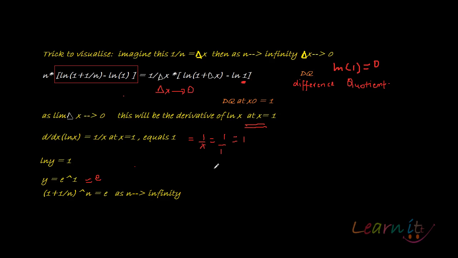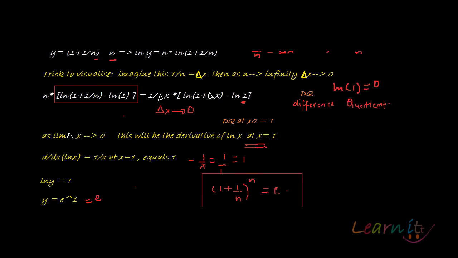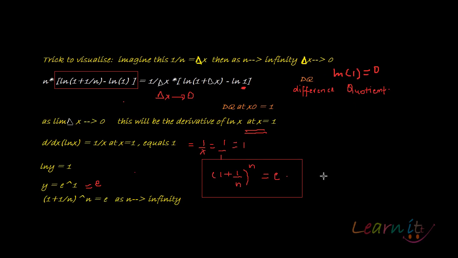And what is y? y is 1 plus 1 upon n to the power n, and hence we have found the value for the number e. The numerical value for the number e is as follows.